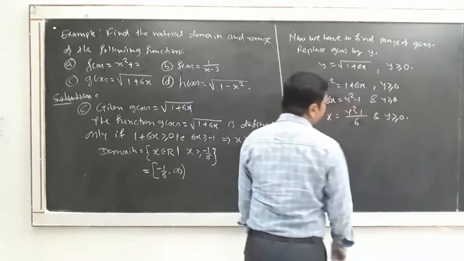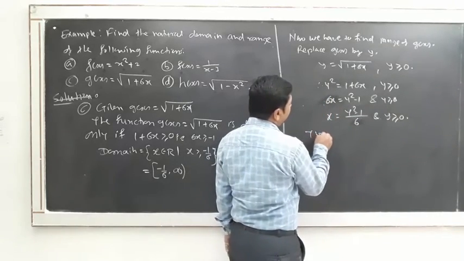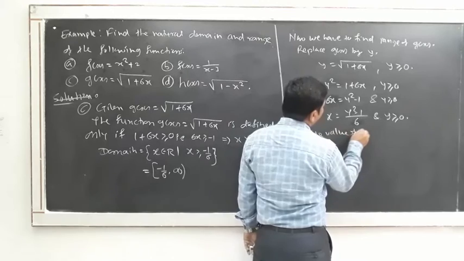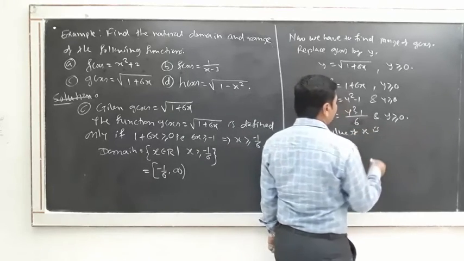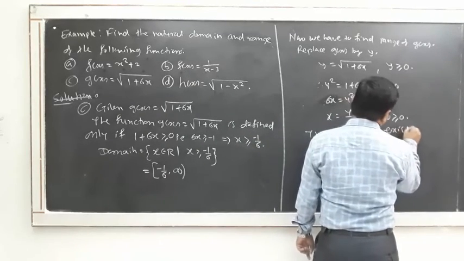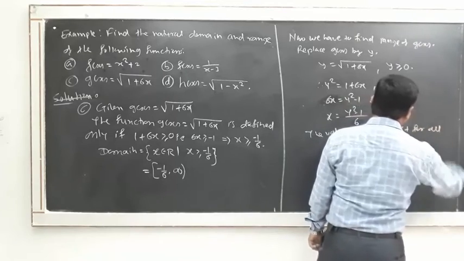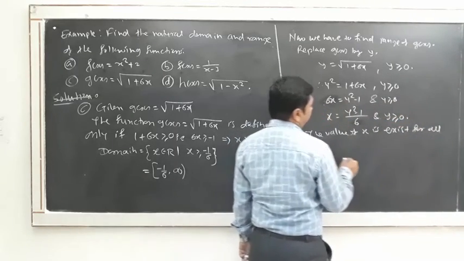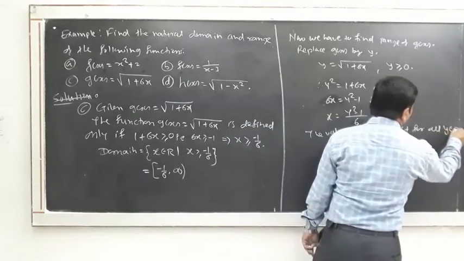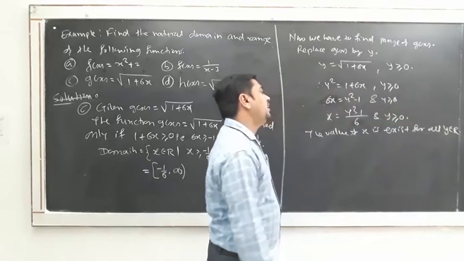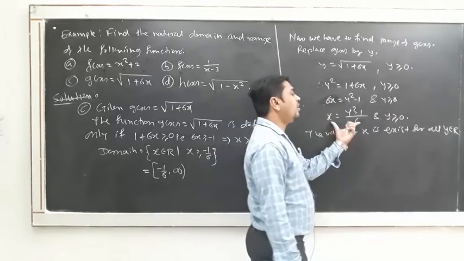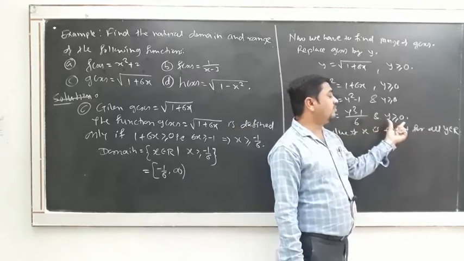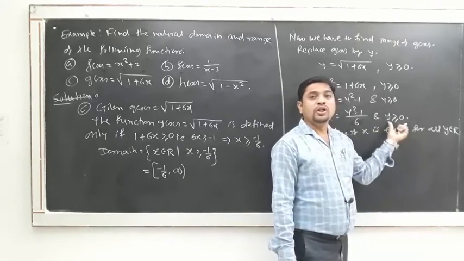The value of x exists for all y in R. Therefore here it is all y in R, and here y is greater than or equal to 0.